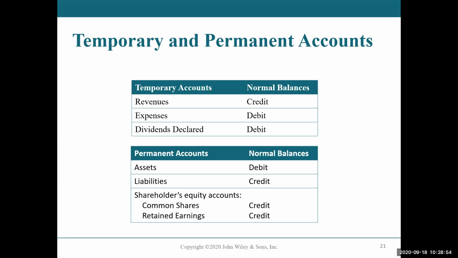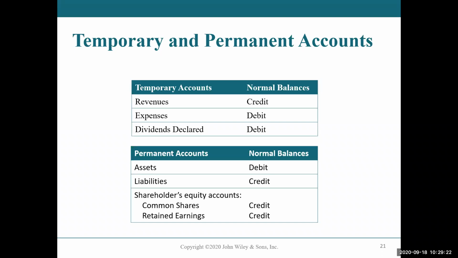Here we have listed the normal balances for your temporary accounts and your permanent accounts. Although for permanent accounts, we don't really need that information right now. It's more of a refresher than anything, except of course for the retained earnings account. That account is not going to be wiped out, but it's going to be updated in the process of closing. So we'll see how that affects.